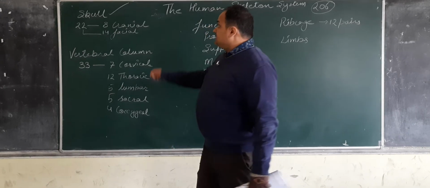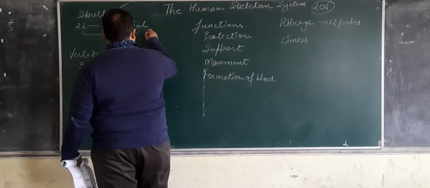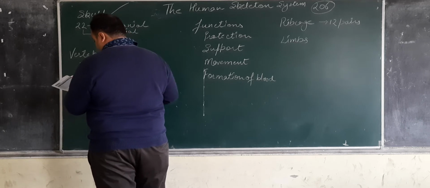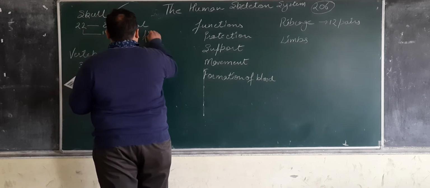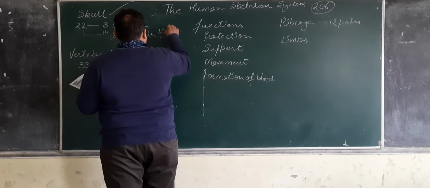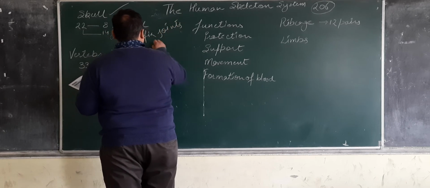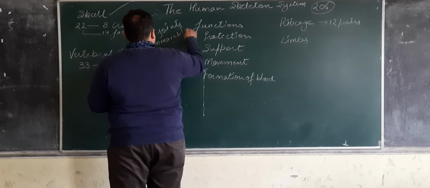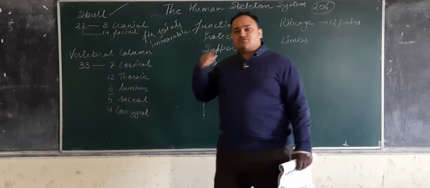Okay, so the skull shows immovable joints or fixed joints. The bones of the skull show fixed joints.